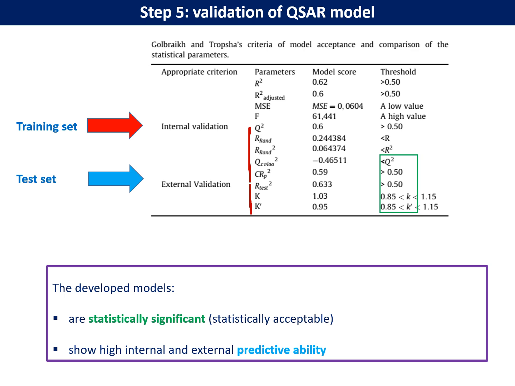Compared with the thresholds, my model passes. It means that my model is statistically significant and acceptable, and has high internal and external predictive abilities.